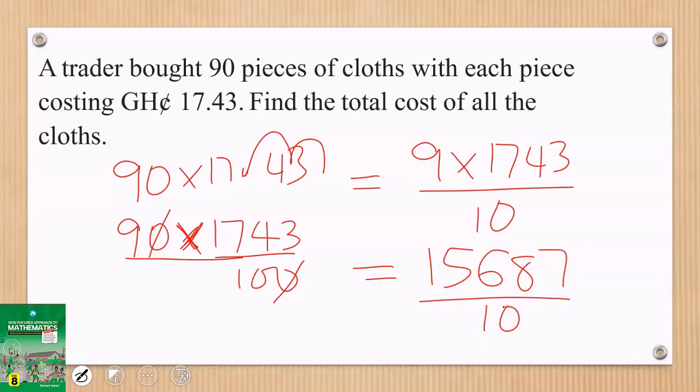Divided by 10 means move the decimal point backwards by 1, so that your final answer is going to look like this: 1568.7. And so that is the total cost, that is 1568.7. Right. Let's take another example and see.